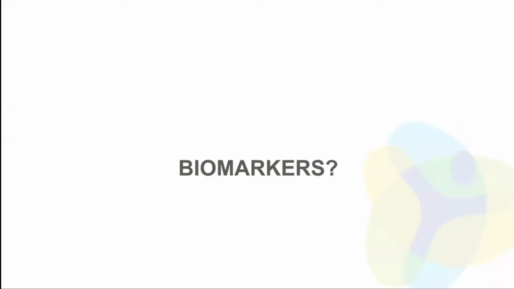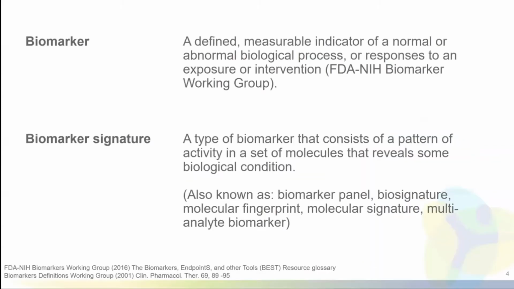So to start this conversation, let's talk about what we mean when we say biomarker and give a little bit of context around their development and use. The word biomarker means different things to different people. So in this webinar, we're going to use the definition shown here.